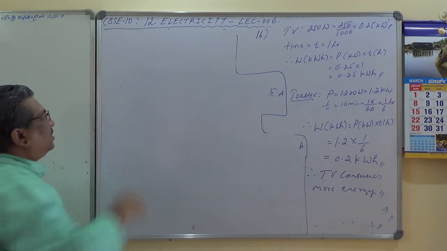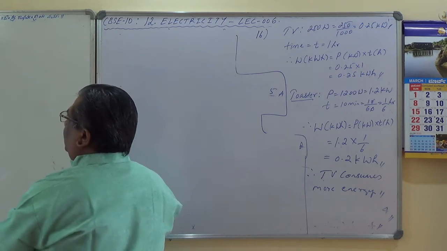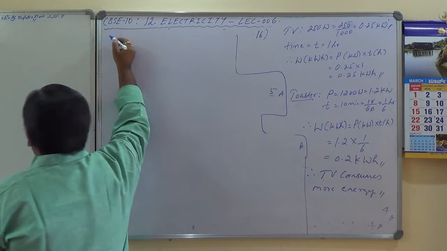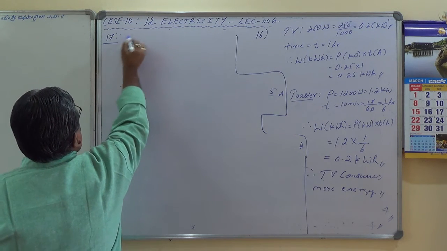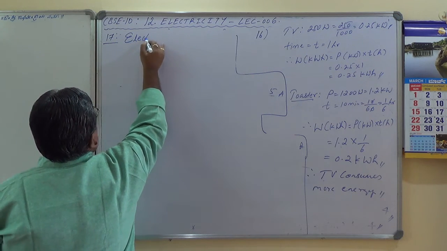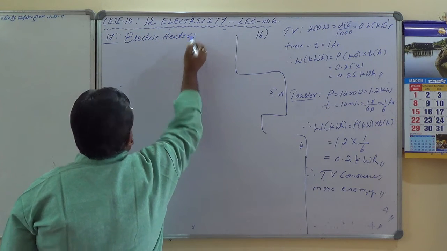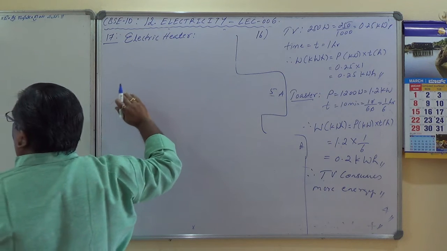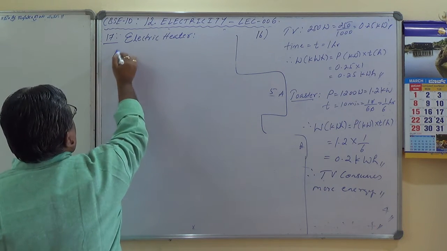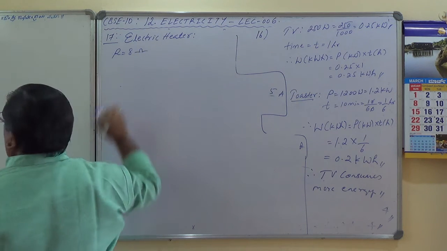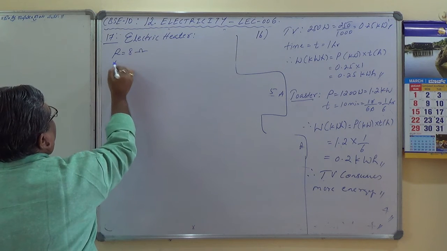So let's look at this question. This is question number 17. Electric heater. It has a resistance of 8 ohms. It draws a current of 15 amps.